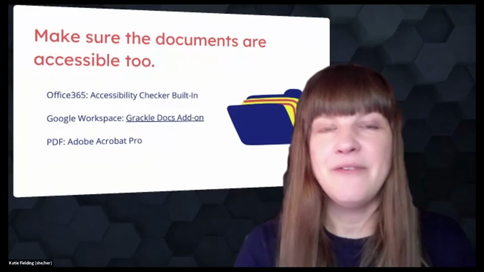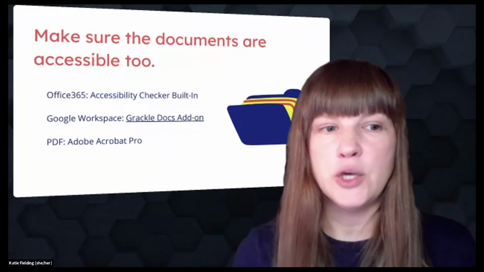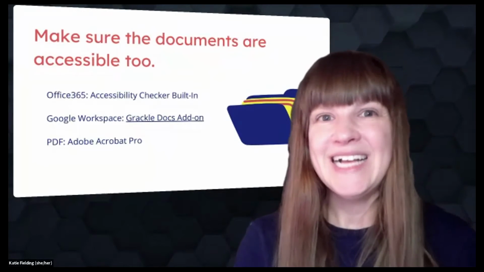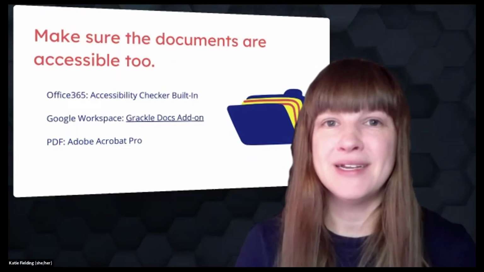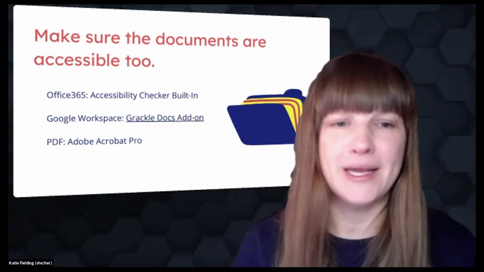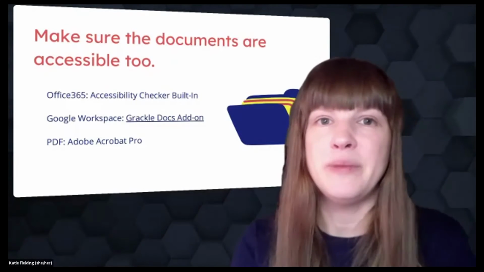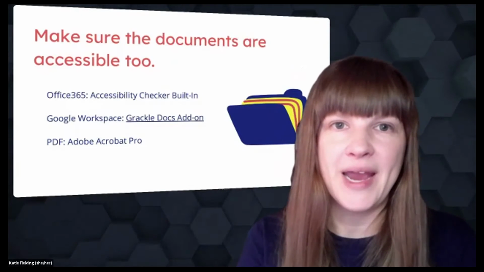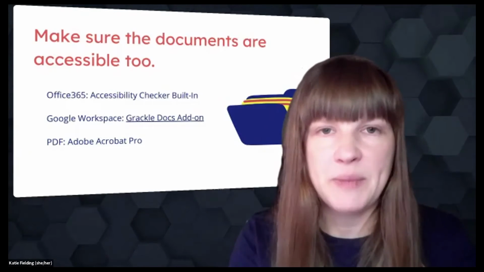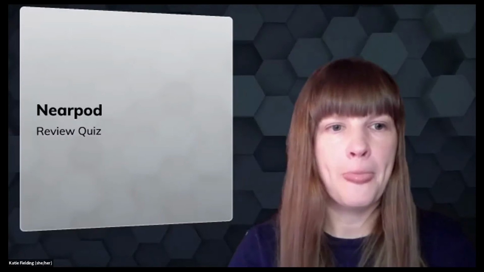If you are a PDF user, you can do a lot of accessibility in Adobe Acrobat. However, PDFs are super hard to make accessible. I've done a 10-hour class and I still can't do it correctly. So if at all possible, take that information from the PDF and paste it directly on the page that you're providing, like the school's web page or your class page. Just avoid PDFs if at all possible.